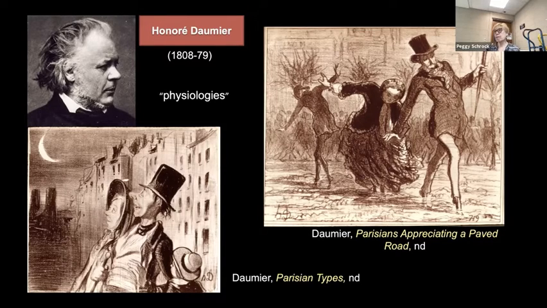Once lithographs were around, they could do quicker and easier visual reproductions. That's when magazines start having all these images in them, and a lot of new magazines arise at that time. And Daumier here is playing with this idea of physiologies.